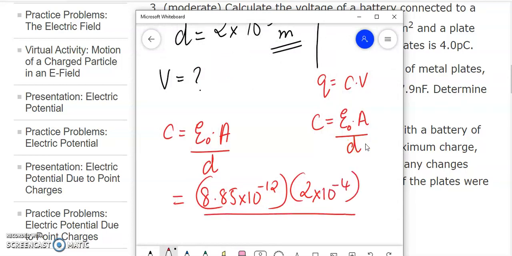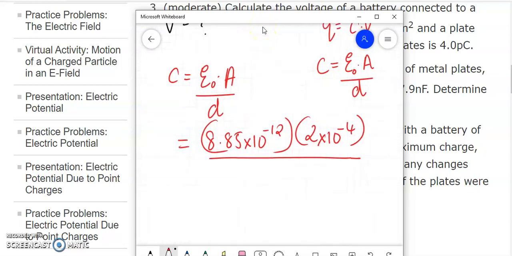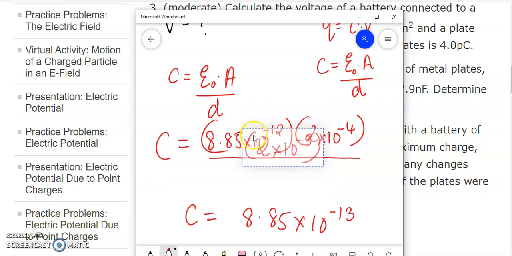And then the distance is 2 into 10 raised to minus 3. And then just straight away put this in your calculator and you should get your value, which is 8.85 into 10 raised to minus 13. And this is your value for C.